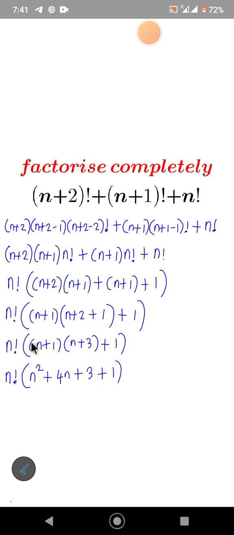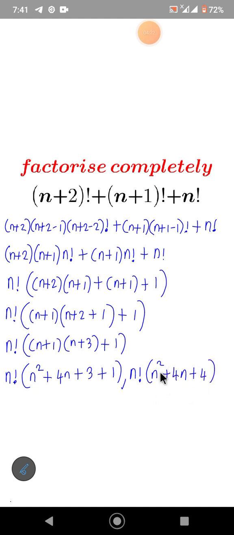So now I expand this. Now I got this expression here, that's n squared plus 4n plus 3. Now my next step will be to say n factorial, open bracket, n squared plus 4n plus 3 plus 1, that will give us 4. So we'll close our bracket.